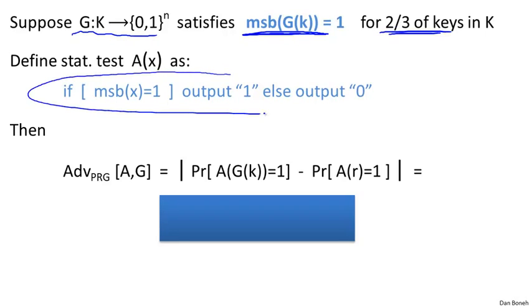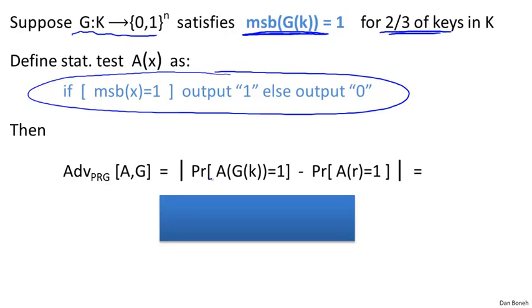If the most significant bit of the string you gave me is 1, I'm going to say 1, meaning I think it's random. If the most significant bit is not 1, namely 0, I'm going to say 0. Now my question to you is, what is the advantage of this statistical test on the generator G? Remember the definition of advantage. I'll let you think about this for a second.